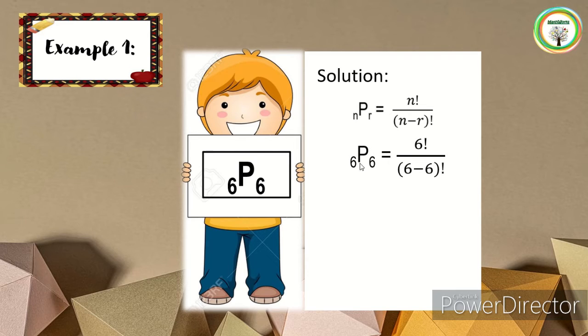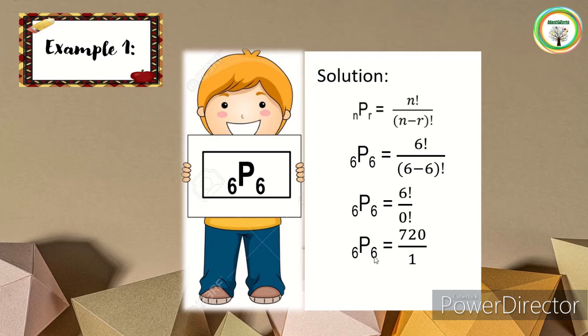So permutation of 6 taken 6 is equal to 6 factorial divided by 6 minus 6 factorial, which is 6 factorial divided by 0 factorial.